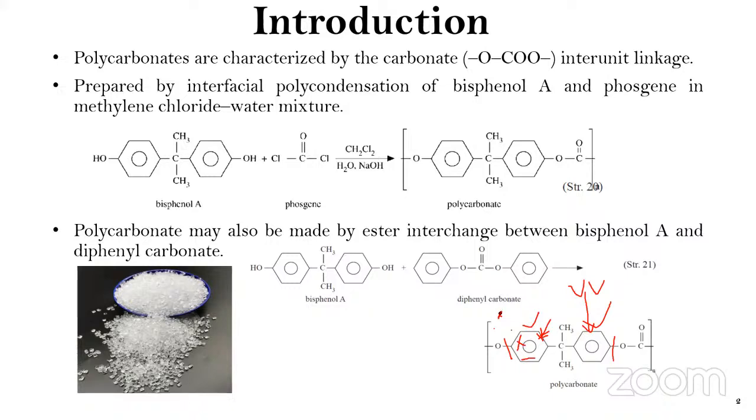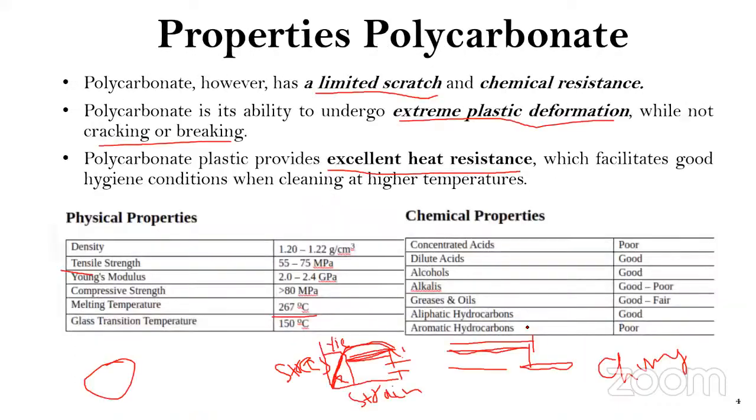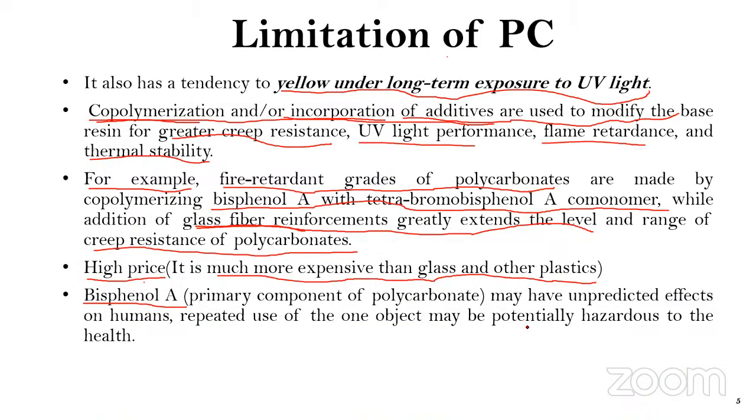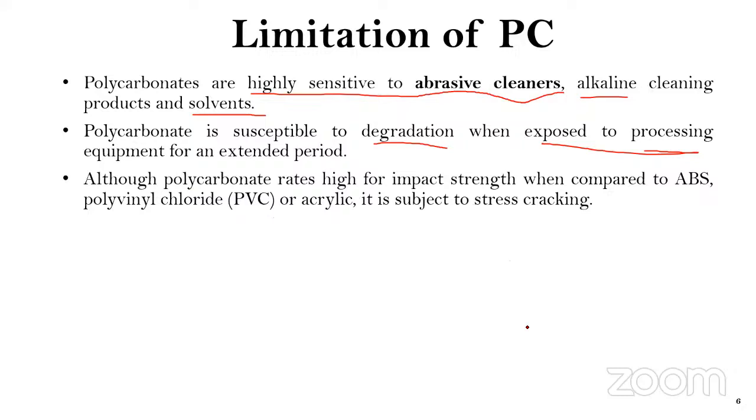You might have studied this radical process in addition polymerization. When you have two radicals, they start to break this bond, and again try to form it. This kind of process will happen if you keep the polymer for a longer time in your processing technique. For that you need to add some thermal stabilizer additive, or you can add some antioxidant.